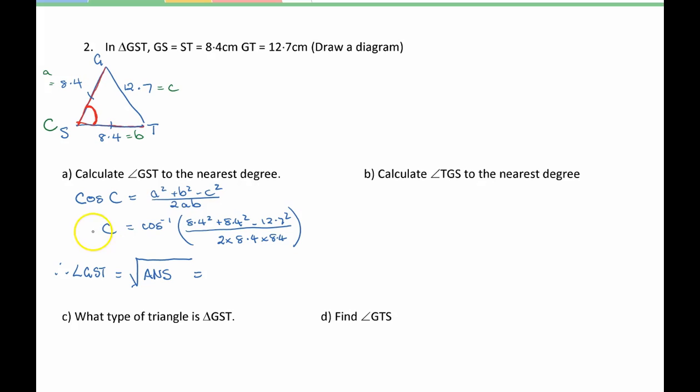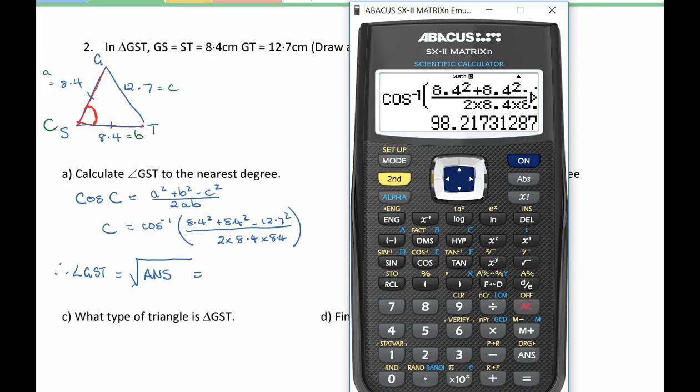So subbing into our formula, we're calling it angle C, is cos inverse. Our A and B were our 8.4. Subbing those in, 12.7. It's so important to get that 12.7 in the right spot in your fraction. Over 2 times A and B are the same. Now, we're going to calculate that, and you can see that's here.